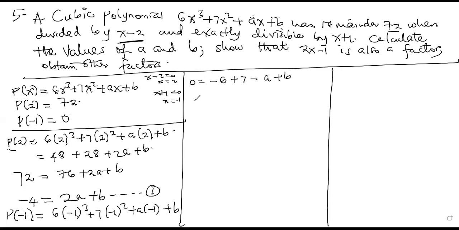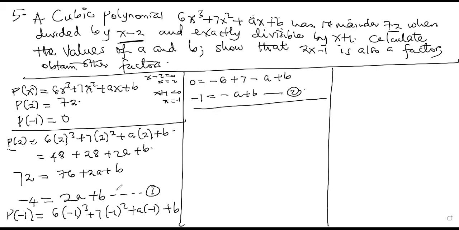Reducing it, it's going to be -1, because remember this is going to be 1 when it comes this side, -1 is equal to -a plus b. Call it equation 2. You have to solve equation 1 and 2 simultaneously, so we can subtract them.